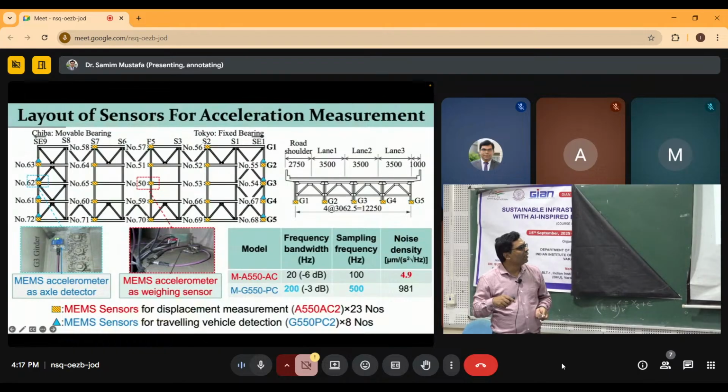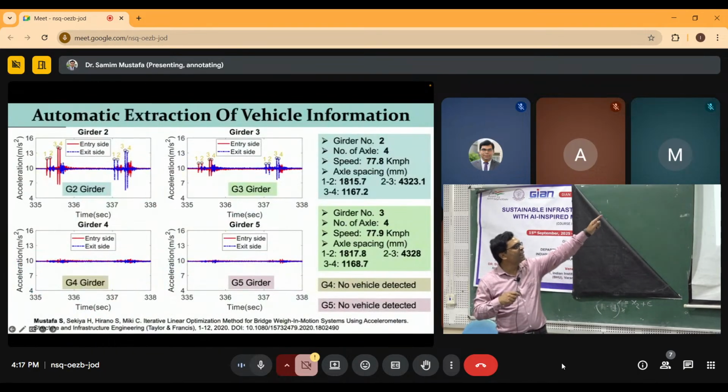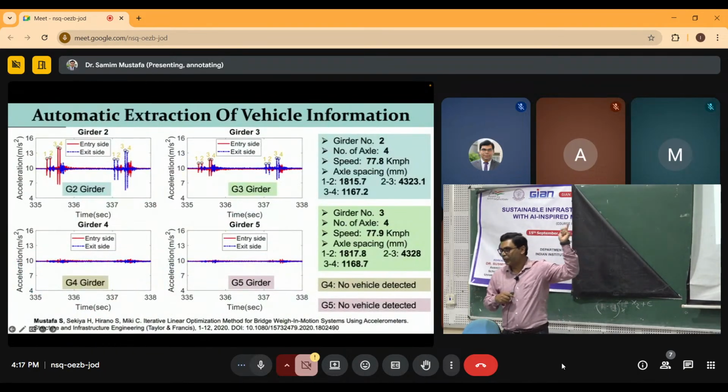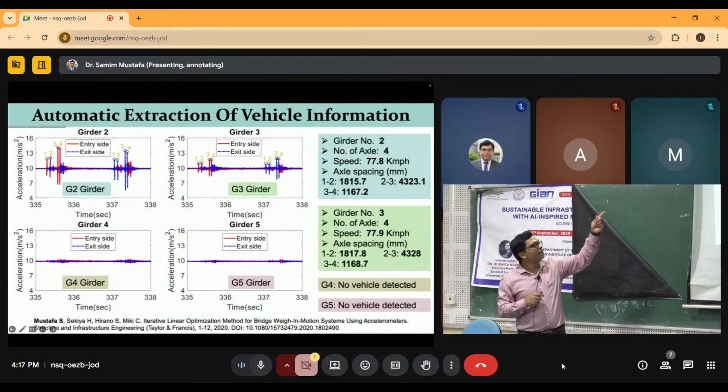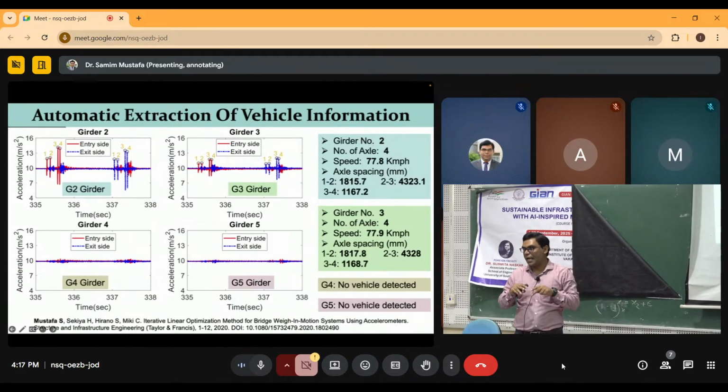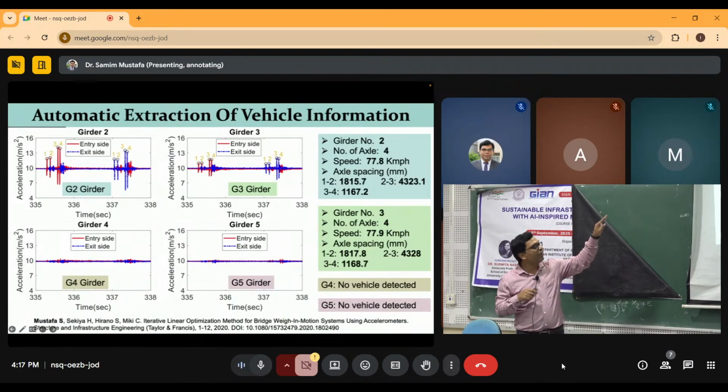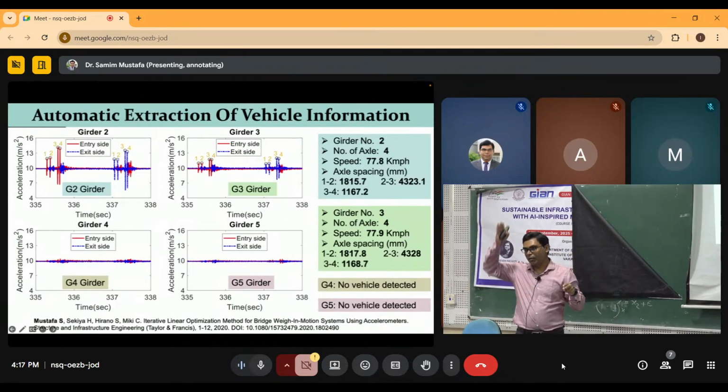This is one example of axle detection. Because I have mentioned axle detection, you can see on the entry side you can see peaks, then on the exit side there are similar peaks. Now if you develop an algorithm, you can use AI and machine learning to identify the peaks automatically. Whenever a vehicle passes, peaks are generated.